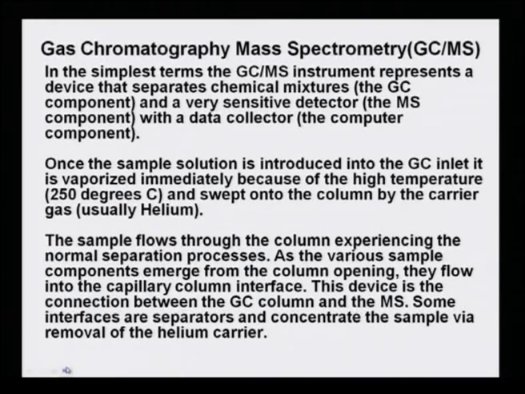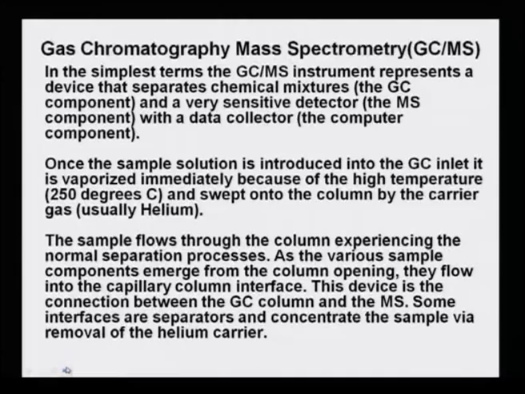The sample flows through the column experiencing the normal separation processes. We have already learnt about the GC, the column, and the separation processes that take place in a column of the GC. As the various sample components emerge from the column opening, they flow into the capillary column interface.